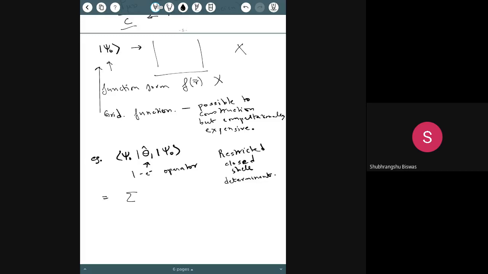My determinant will have n columns and n rows, that is the total number of electrons, and there will be n by 2 alpha functions or alpha spin orbitals and n by 2 beta spin orbitals.